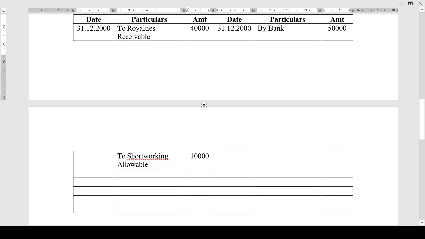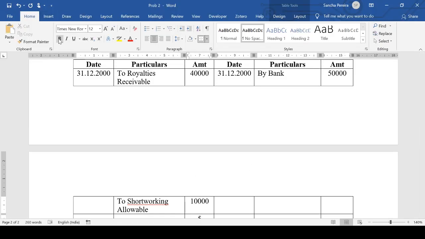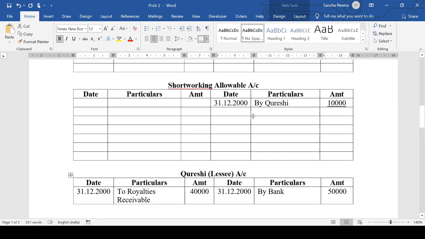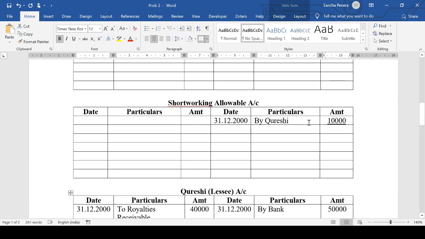Close this, your Qureshi account balances. What will we have in the short working allowable account?